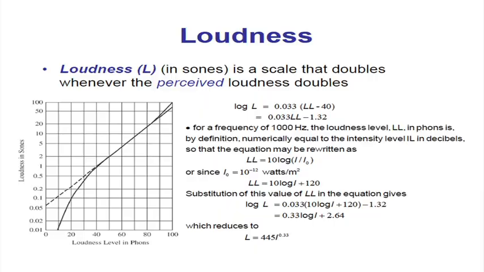Now, how do you measure loudness in sound? Sometimes it is also called sone. Now, I want to find out the relation between intensity and loudness. How do you do it? I design a perceptual experiment. I take a human being with normal hearing capability.